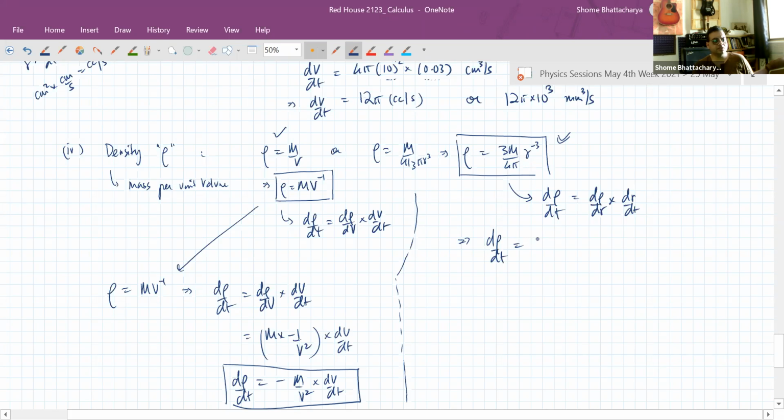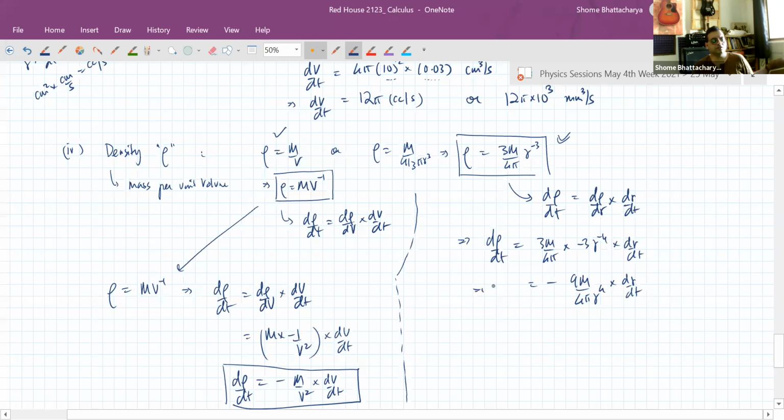Now let's differentiate this term. So 3m by 4 pi into the differentiation of r to the power minus 3, which will be minus 3 r to the power minus 4. So this should become minus of 9m by 4 pi r to the power 4 into dr by dt.